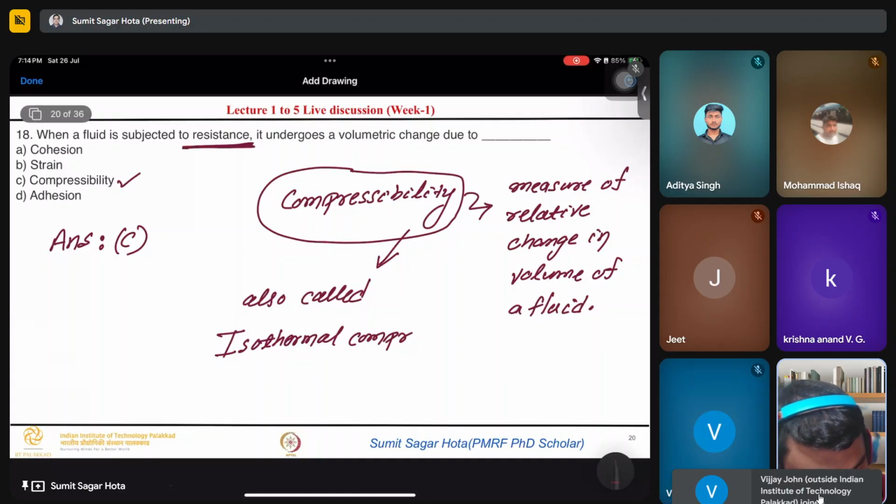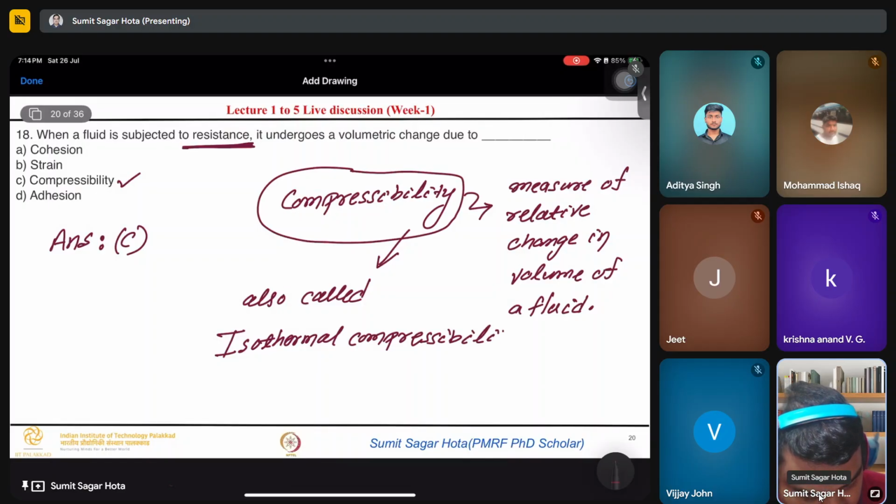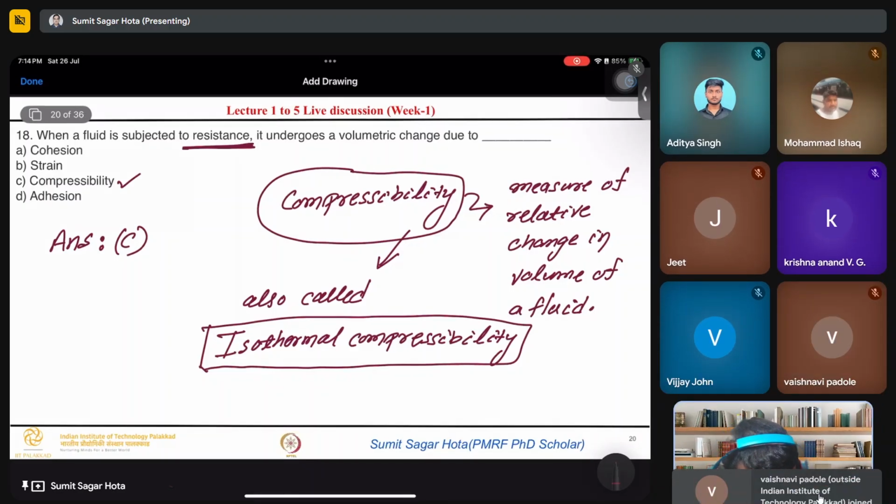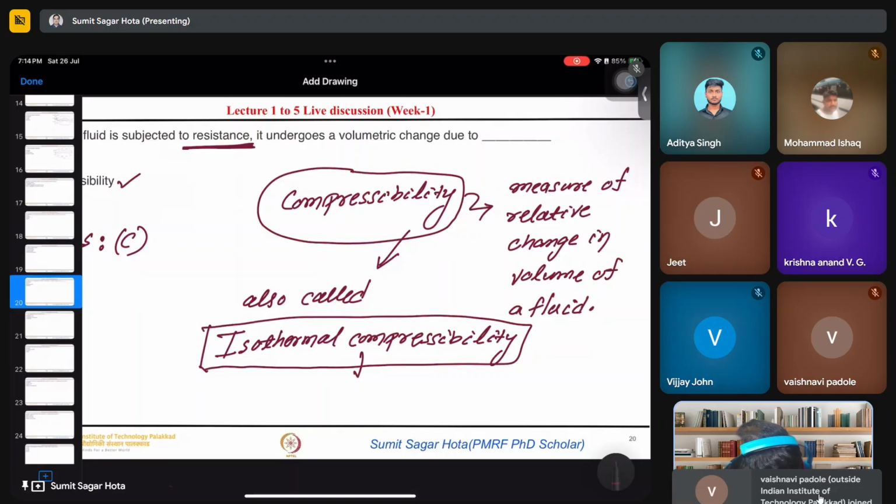But here it's a kind of ideal situation of compressibility. In some cases they are going to write isothermal compressibility, you should know that it's the same as the compressibility we have. So here the pressure can increase but temperature is constant.